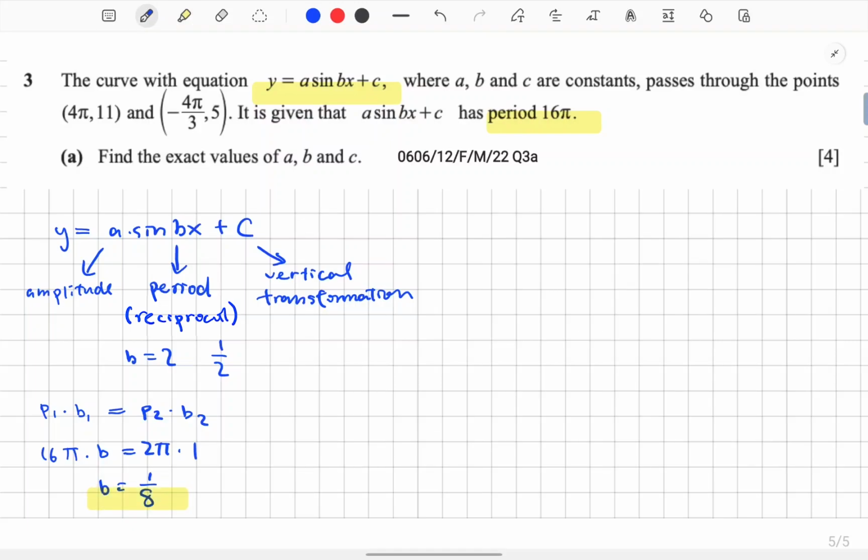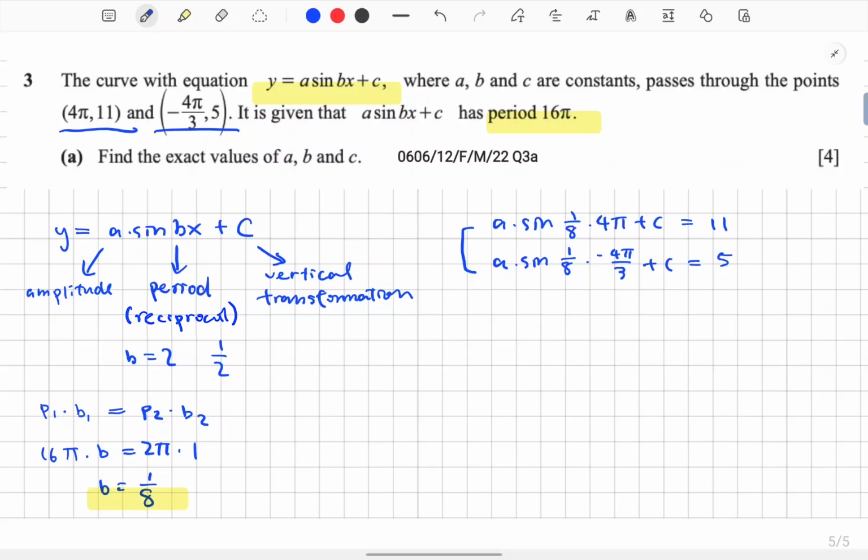Now we can plug in our 1 over 8 and the 2 coordinates given here. Our first x will be 4 pi. And the output is 11. Our second x is negative 4 pi over 3. And the output is 5.